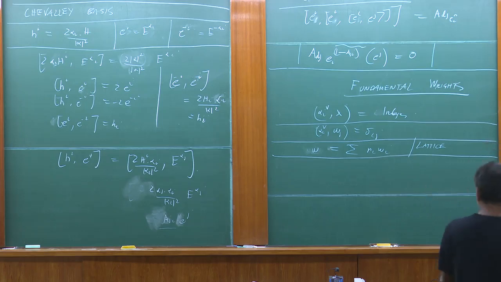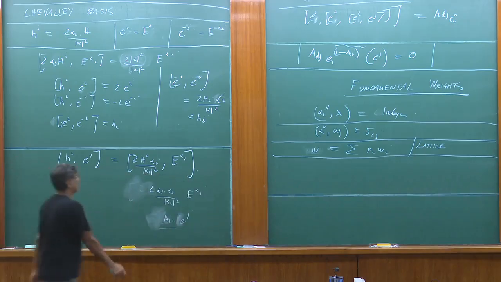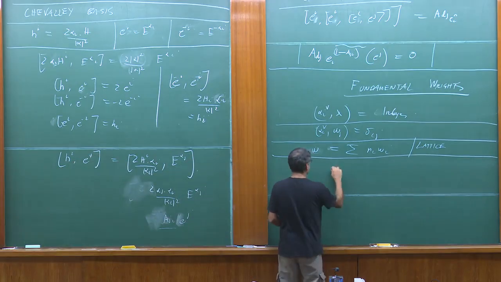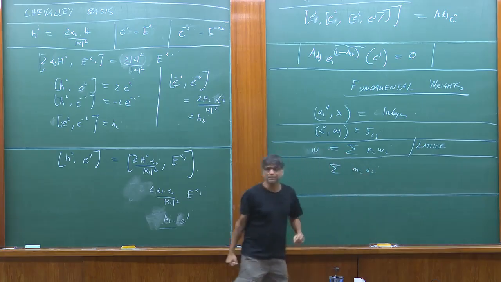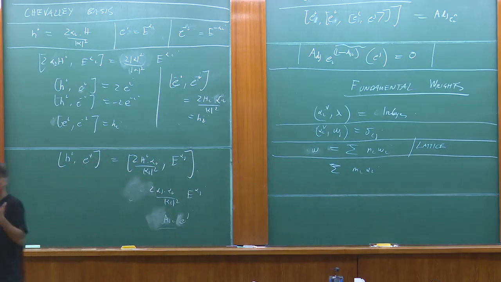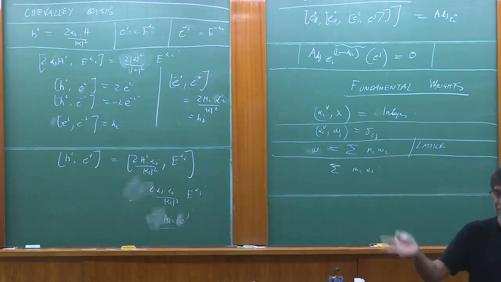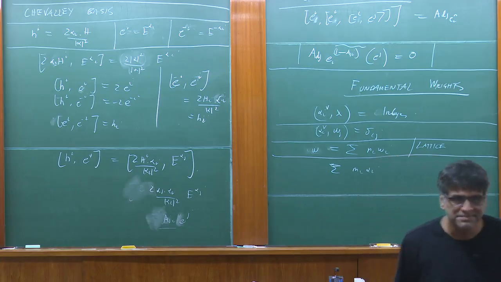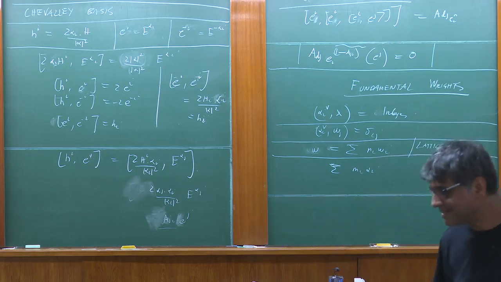Okay? Similarly, by the way, if you take the set of anything that you can make by the sum over mi alpha i's with the simple roots, where mi's are arbitrary integers, that is something. It's not necessarily a root, because roots are of this form for specific values of mi's. But arbitrary linear combinations of simple roots define another lattice.